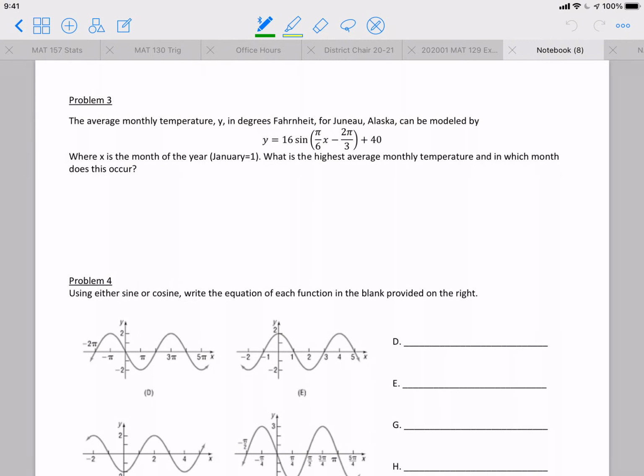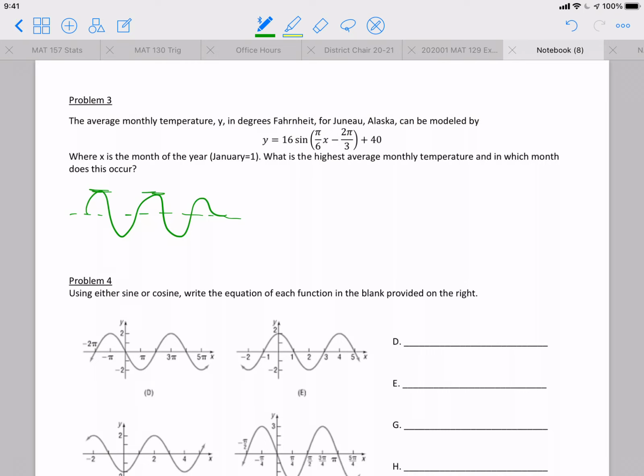The average monthly temperature in degrees Fahrenheit for Juneau, Alaska can be modeled by this sinusoidal equation, where x is the month of the year, January is equal to 1. What is the highest average monthly temperature and in which month does it occur? First of all, if this is a sine equation, it looks like this, right? It has, as I call it, a center line.